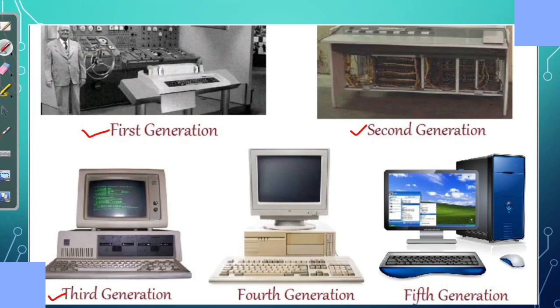First and second generation computers are very big. In the third generation, there is no independent keyboard or mouse; altogether, everything is in one compact unit. Next, the fourth generation computer. This is the fifth generation computer that we are using nowadays. Let us see them one by one, along with the various properties of each generation.